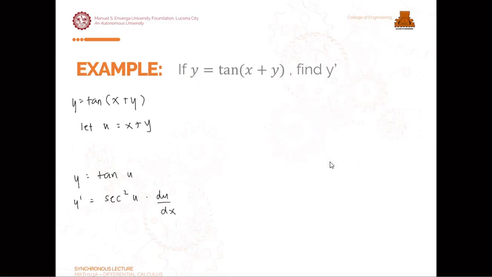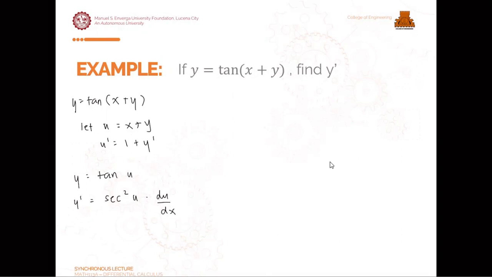So, pag kinuha natin yung du over dx natin, yung u prime natin will be derivative of x is 1, derivative of y is y prime. Okay? So remember, di ba pag implicit, once nagde-differentiate tayo ng other variables than x, lagi siyang may kaakibat na variable prime. So for this case, yung y prime.